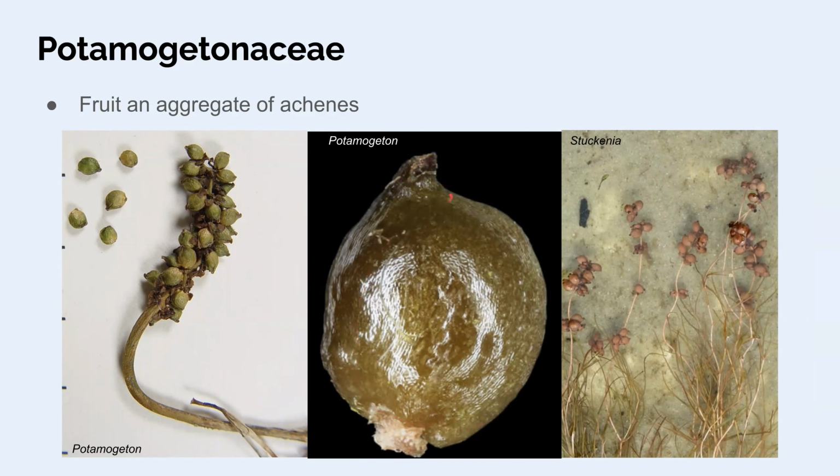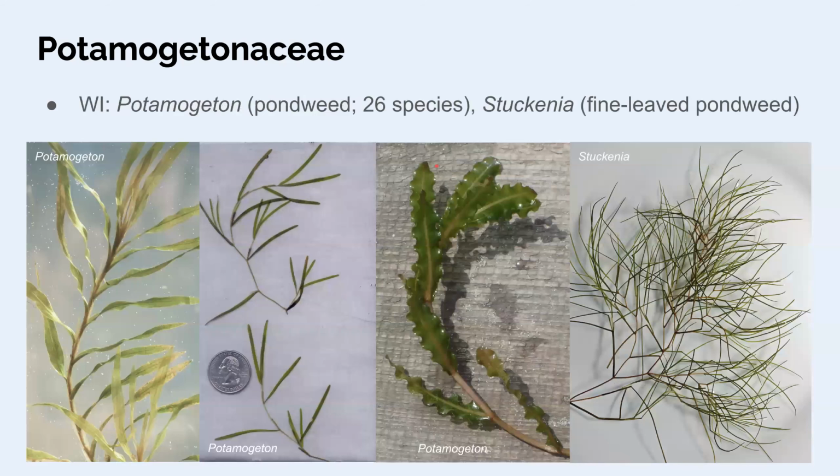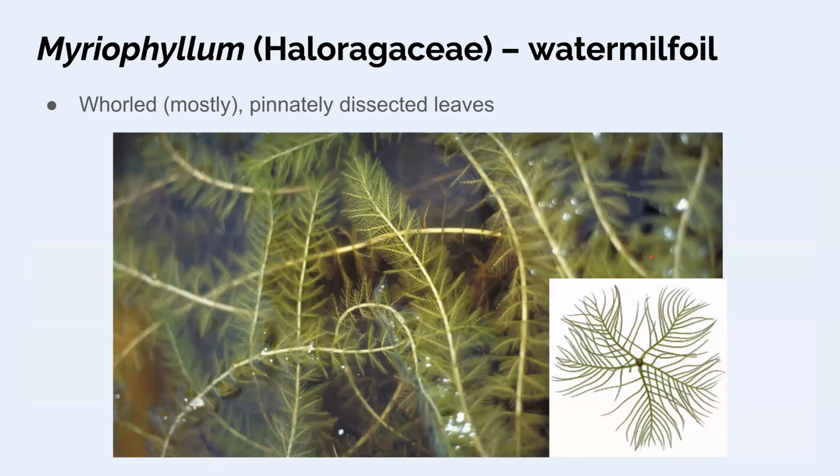This is ovary, and then that ovary to style often has this kind of curly tip going on. All right, so in Wisconsin, mostly species of Potamogeton. Also this genus called Stuckenia. Doesn't really have an exciting common name on its own. Fine-leaved pondweed.